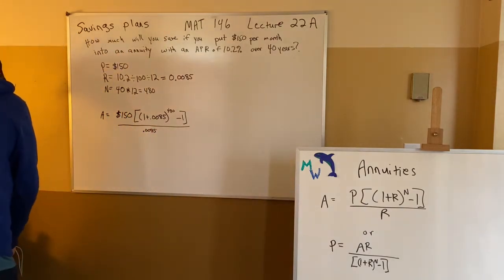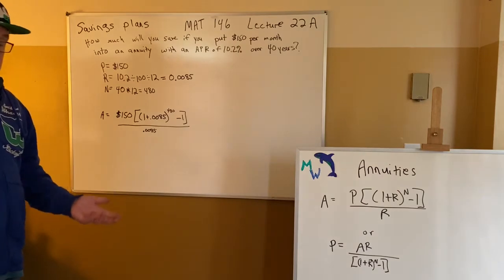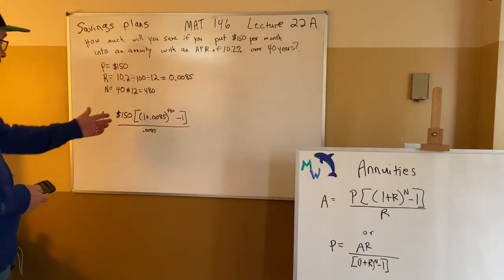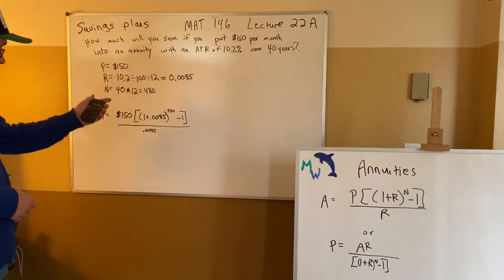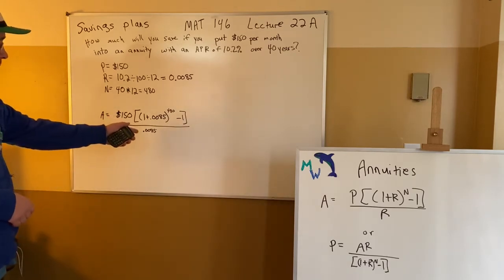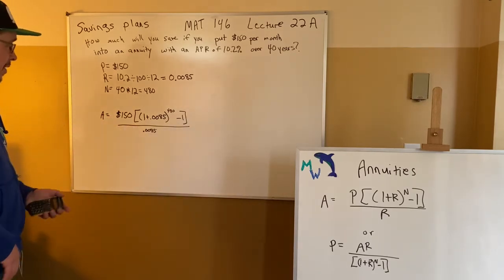So depending on how much you paid for your calculator and how well you know how to use it, you can use some of these values that are here. But what I'm going to do is determine the numerator, and then come back and divide by the 0.0085.